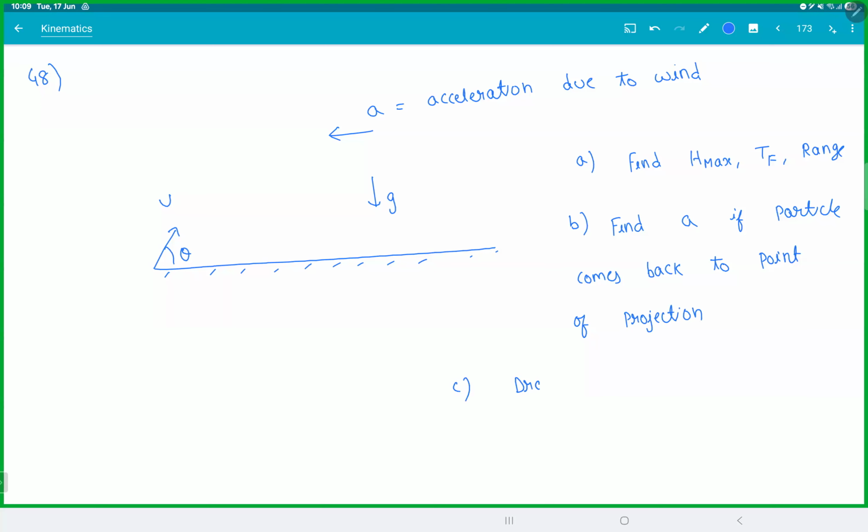Draw the trajectories for different values of A. Means for different values of A, how will the trajectory roughly look like? Try to draw trajectories for different values of A. Let's get the first one. B and C will come automatically.